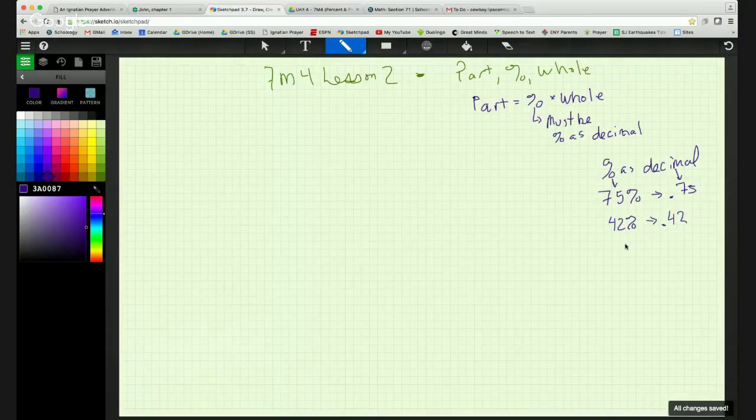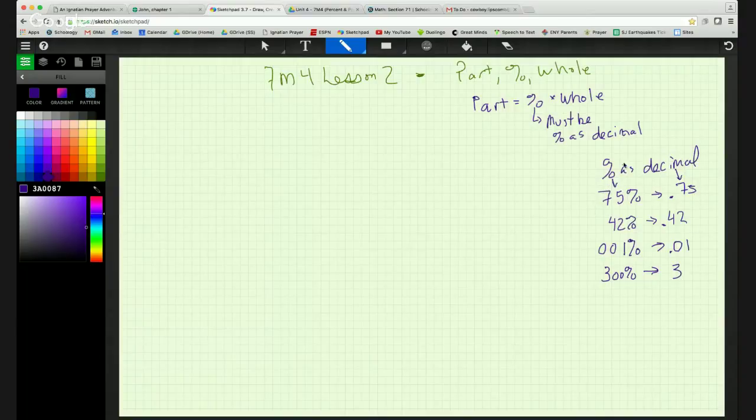Now, tricky if we have something like 1%. Remember, we have imaginary zeros: 1 is the same thing as 001. So 1% is 0.01 and not 0.1. And let's do the last one: 300% is 3. So these are our numbers as decimals.